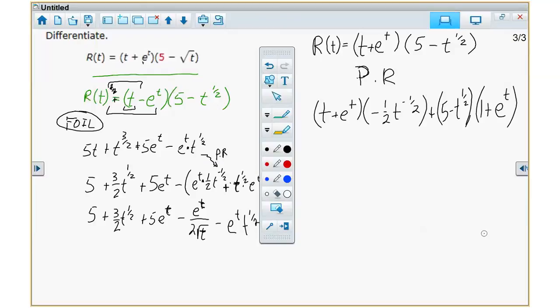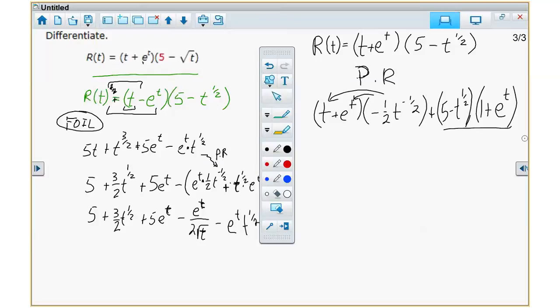All right, finish it. Distribute this. And FOIL method there. I don't know how to distribute that to t.